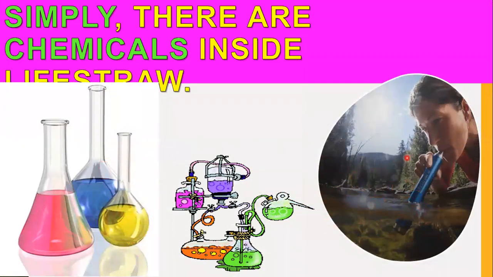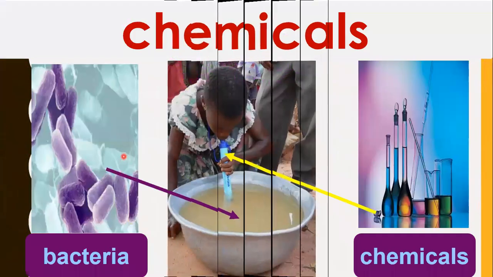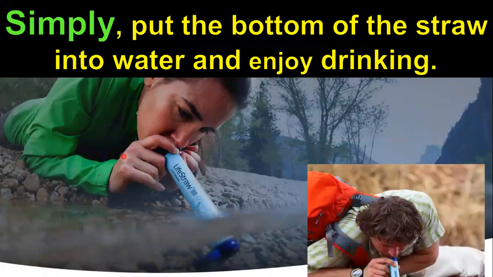Simply, there are chemicals inside the life straw. What do these chemicals do? They clean water. They take out any bacteria or any germs and give you clean, pure water so you can drink it. Okay, so we have the word chemical.